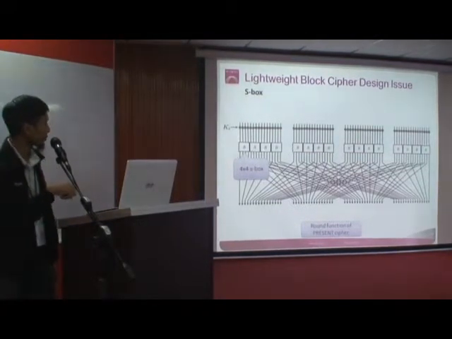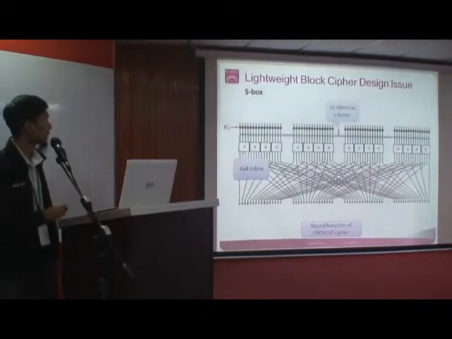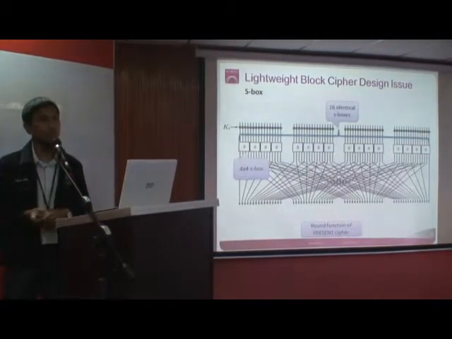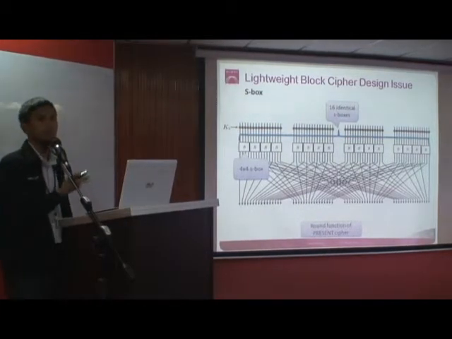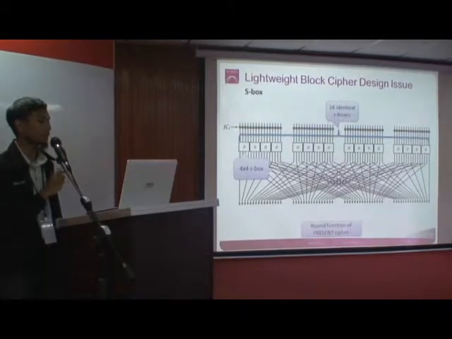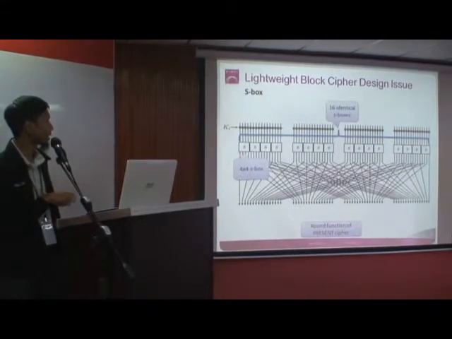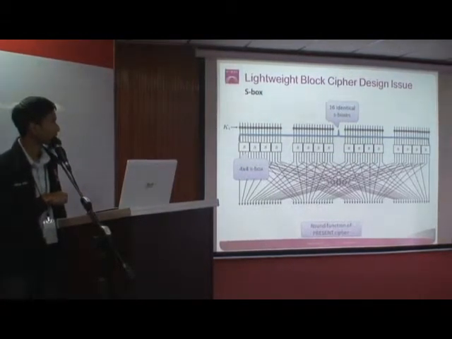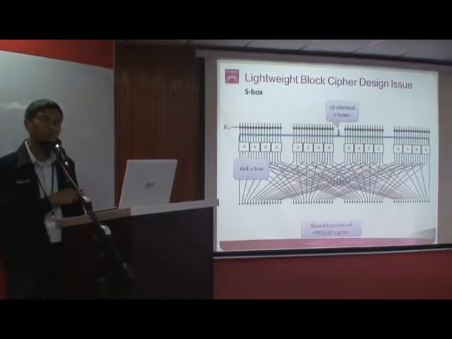This is a 4x4 S-box, and then you repeat the S-box 16 times. You use the same S-box. You can use different S-boxes if you want, but it incurs cost. So for PRESENT, the designers opt for a 4x4 S-box, and then they just use it 16 times. So this is an SPN.